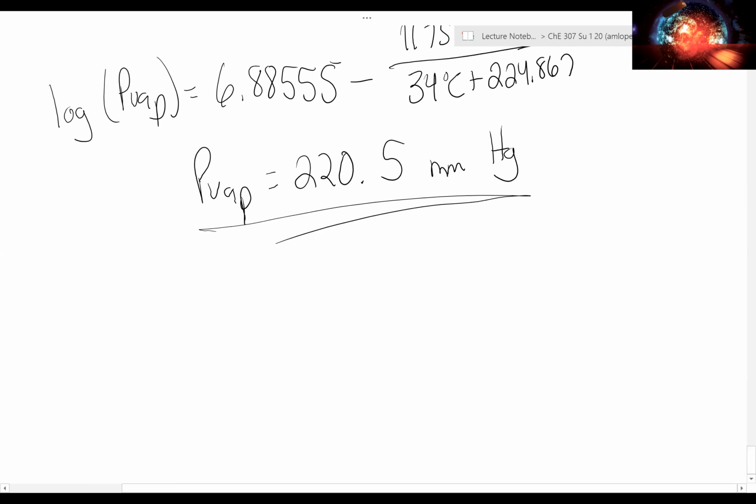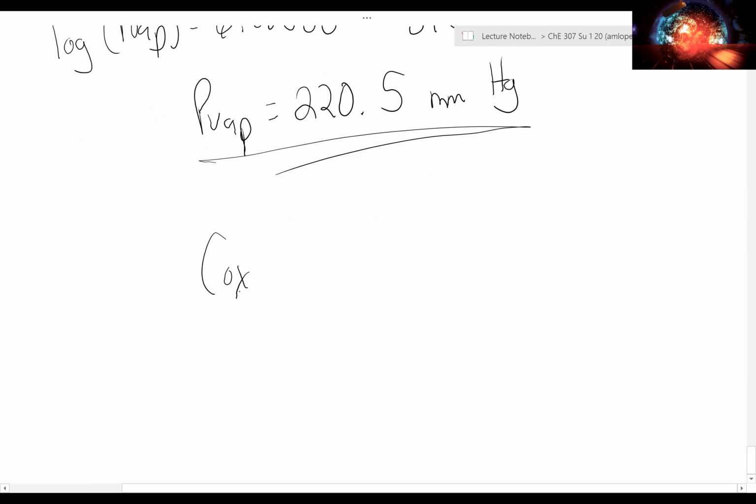One other way that you can do it, it's not as common. Like I said, Antoine's is typically what I use, if I'm honest. What's known as the Cox charts essentially lists vapor pressure as a function of temperature for various species.